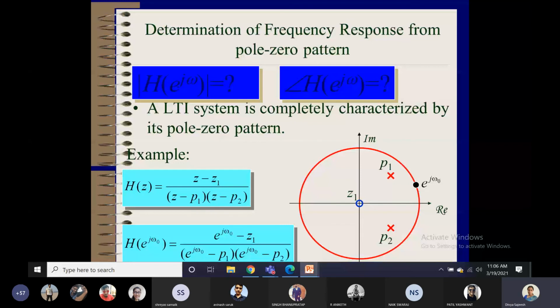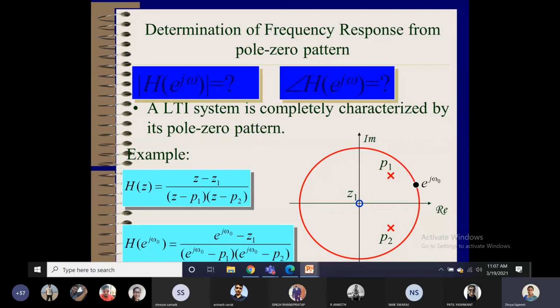After plotting the zeros and poles in the z plane, you need to obtain the distance of the zeros from the point on the unit circle where we are calculating the frequency response, that is, where we put z equal to e raised to j omega.